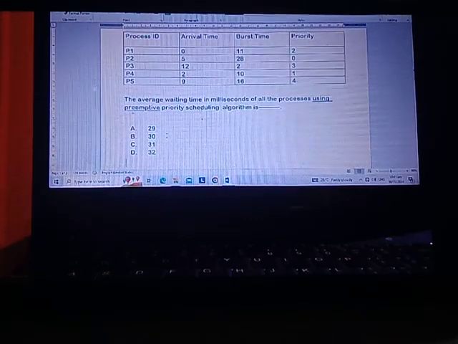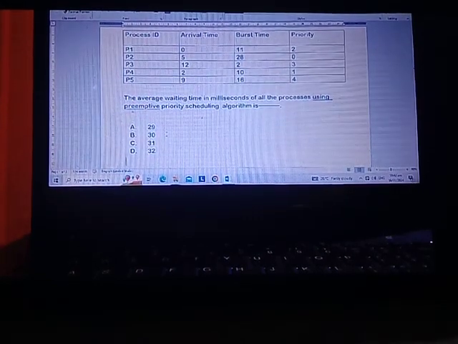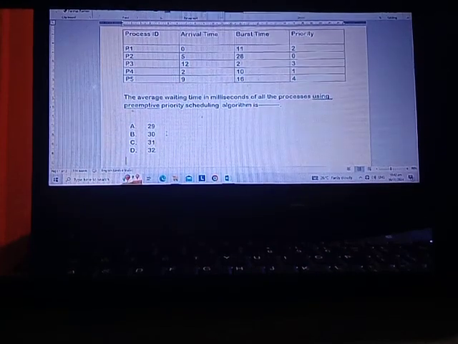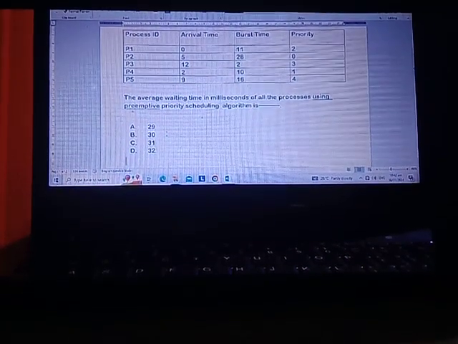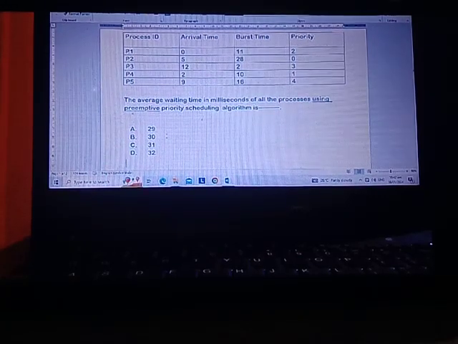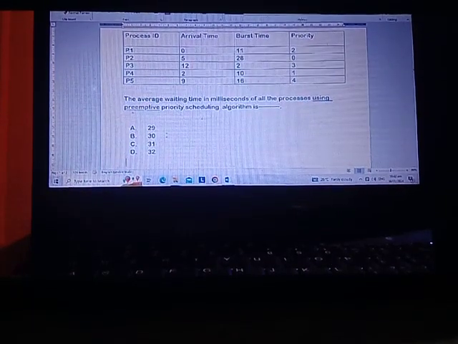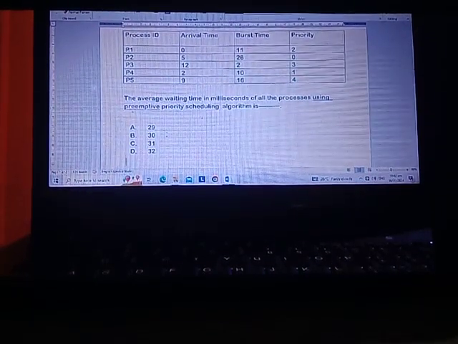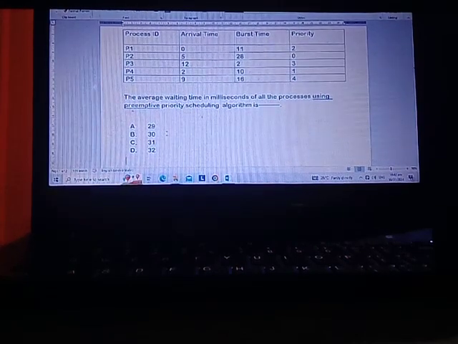Now in the remaining processes, which process has the highest priority? We have P1 with a burst time of 9, P3 with a burst time of 2, P4 with a burst time of 7, and P5 with a burst time of 16. Now the arrival times don't matter because they have all arrived and they are all waiting in the ready queue.